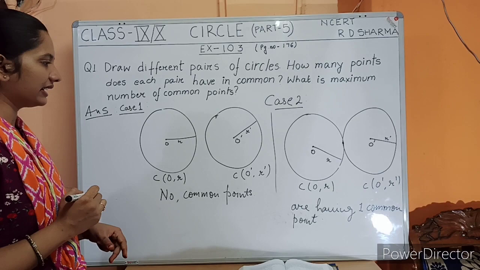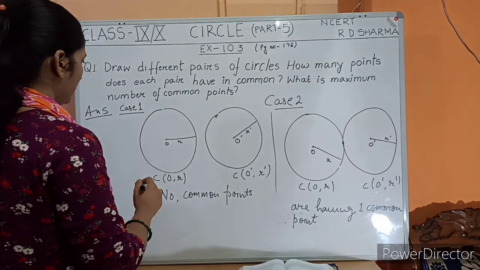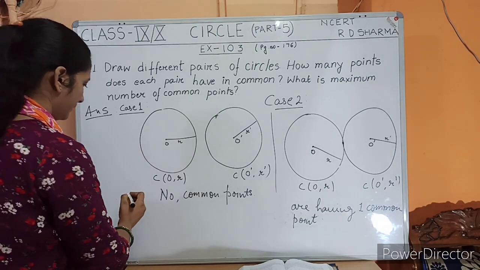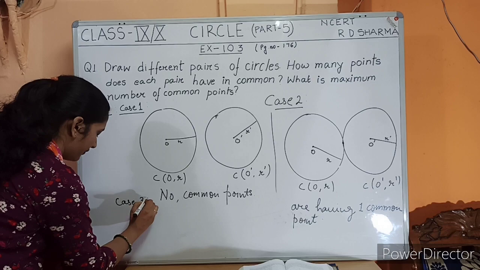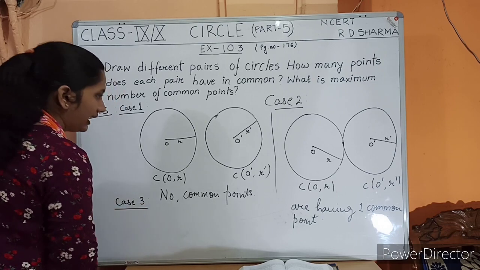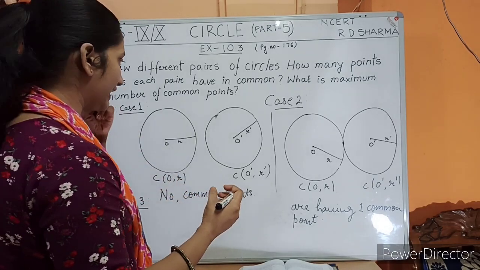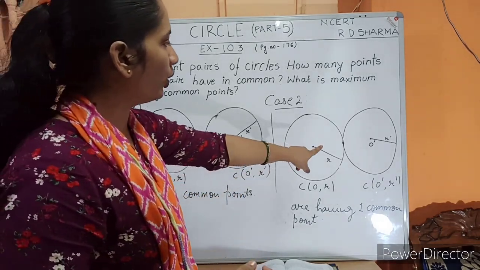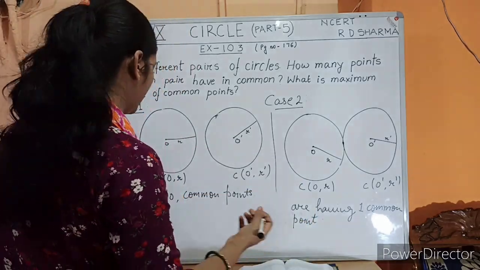Now let us see the case 3. I'm just doing the case 3 here itself. Look here. Again we need to draw a pair of circles in such a manner that they have more than one touching point or common point between them.